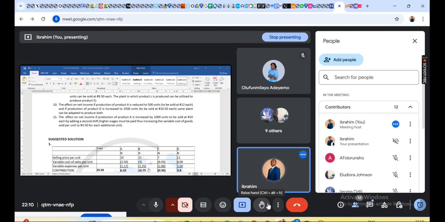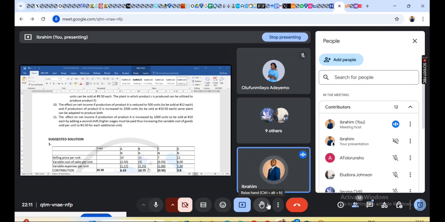But if they say if production of product A is increased by 1,000 units, it means you need to increase the original unit by that amount. If they say it has increased to, you don't need to do anything.